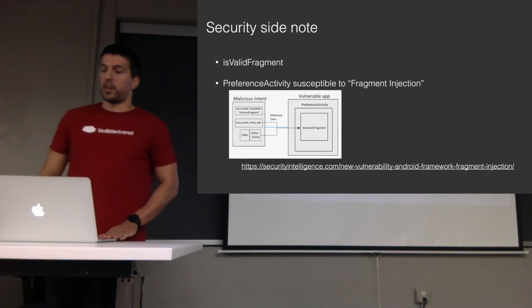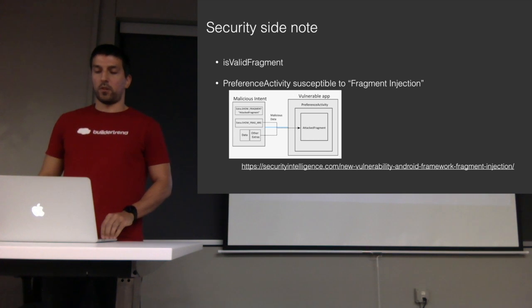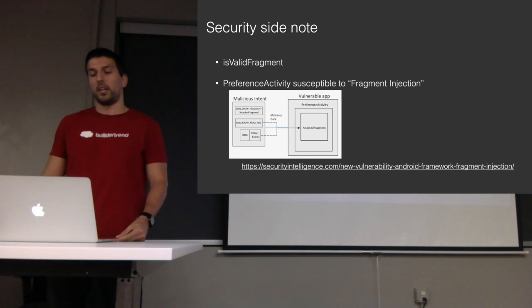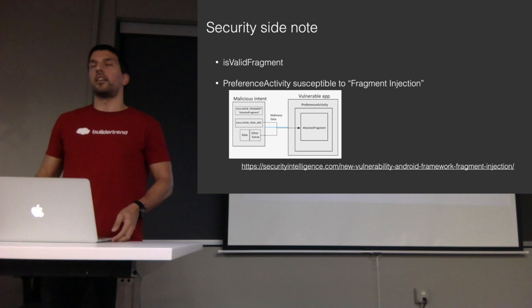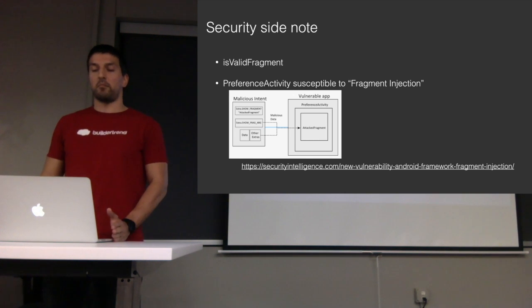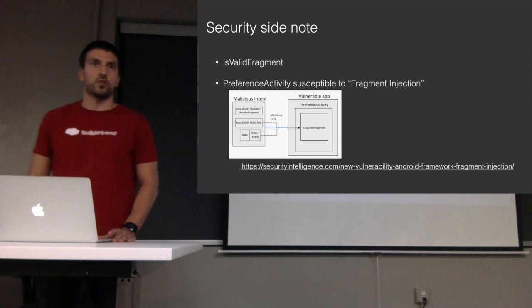So this is a side note that I stumbled upon while looking at fragments a while back. Basically what happened was the settings activity inflated a preference fragment, but it did that using reflection, and it got the preference fragment name from an intent extra.